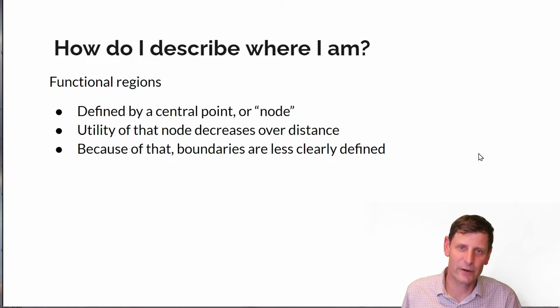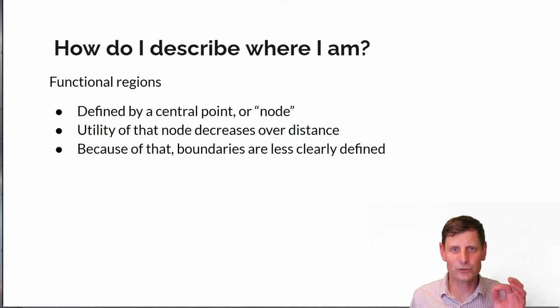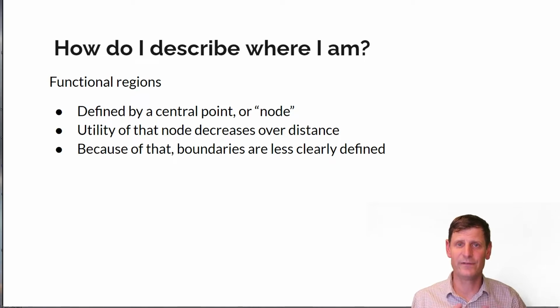Functional regions are regions that are defined by their utility or their usefulness. And there's a central point to a functional region, usually a place, right? But it could be bigger than a place, but still thought of as a place like a city. And the thing that's different about a functional region is that unlike a formal region, it has a fuzzy boundary or a fuzzy border.